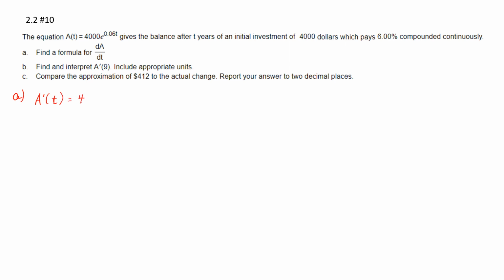So we'll have our 4,000. And when we have an e to the u situation, we want to find the derivative of the exponent, which in this case is 0.06, and multiply that by e to the u.